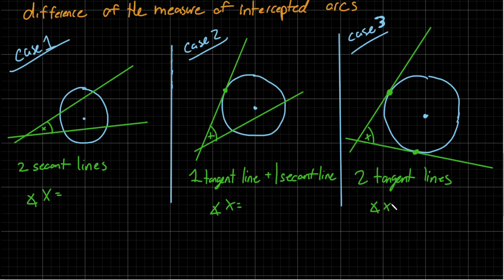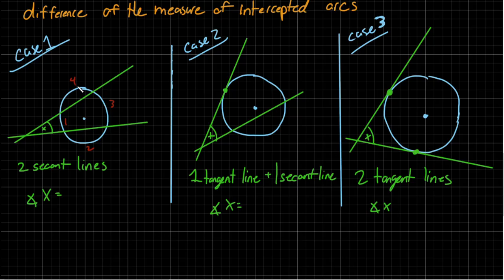Okay, case 1. How many arcs did I make in a full circle? Yeah, you made 4. So let's call this 1, 2, 3, and 4. Which ones are they intersecting?